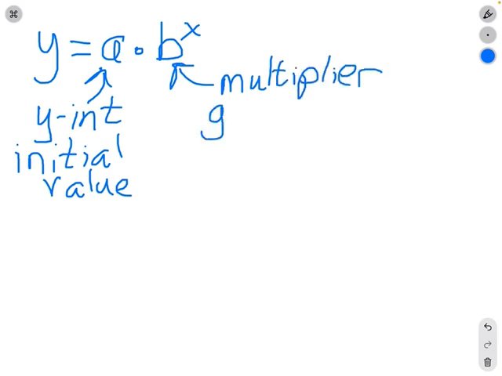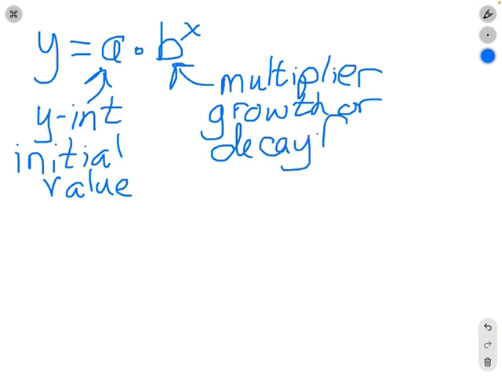That's sometimes called your growth factor or your decay factor. Okay? What we're looking for in our table is that we're multiplying by the same number each time. So remember in that decay example, we were multiplying by 0.7 each time. Multiplying by that for each level of our table.